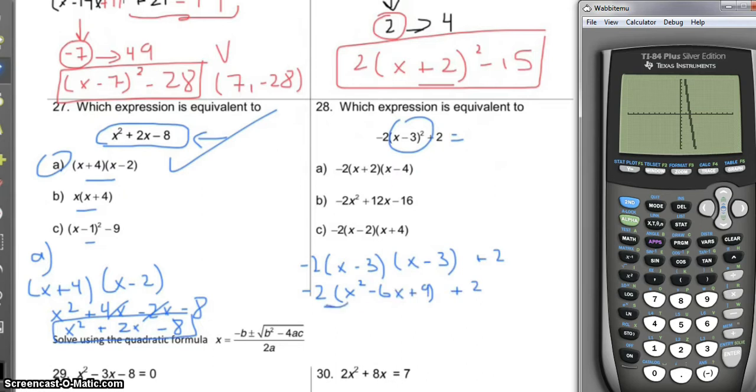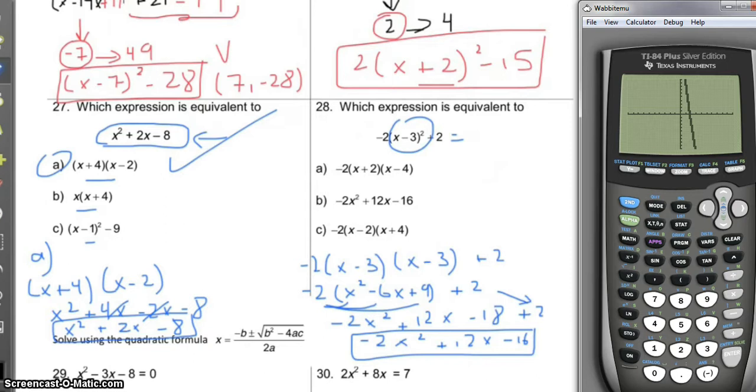Now distribute the negative 2. It's going to be negative 2x squared plus 12x minus 18. Don't forget to copy the plus 2 down. Now it's going to be negative 2x squared plus 12x minus 16. So this is the quadratic function that they gave you.